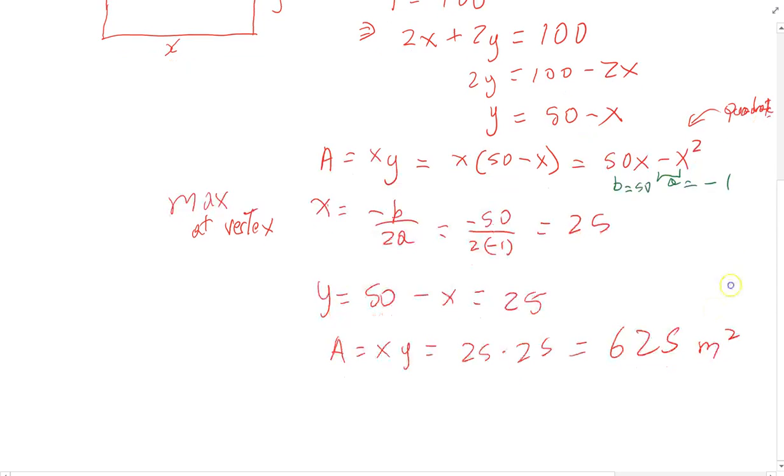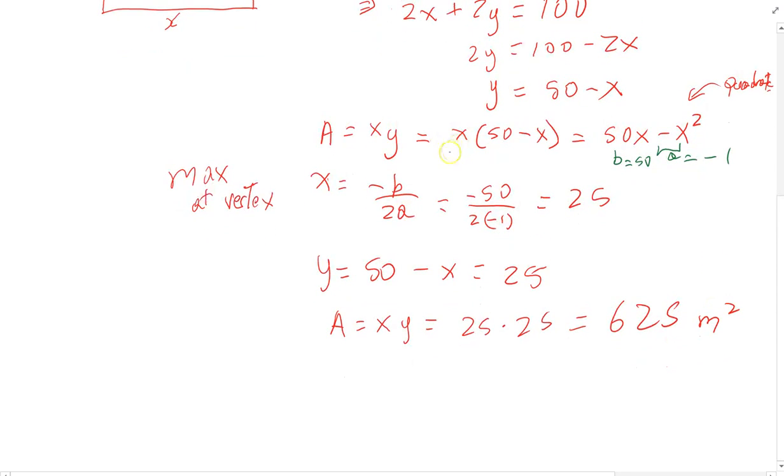Or alternatively, you could have done x times 50 minus x, which would have given you the same thing. If you didn't want to solve for the y, that would be just the 25 times 50 minus 25, and it would still get 625 meters squared.